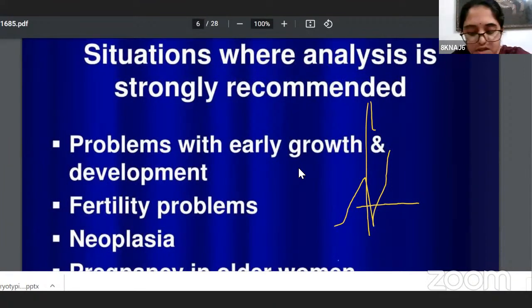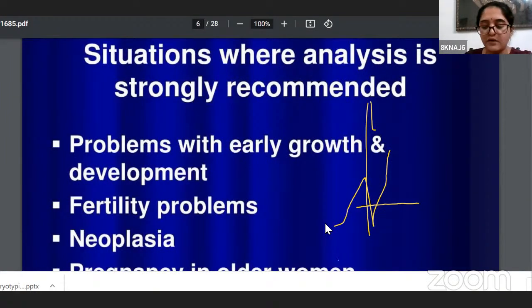This is because of non-disjunction of the homologs during meiosis 1 or the sister chromatids during meiosis 2. Zygotes will miss one chromosome, which is known as monosomy. If there is one extra chromosome, it is known as trisomy. Also, there can be 3 or more X chromosomes, but not all of them are functional.